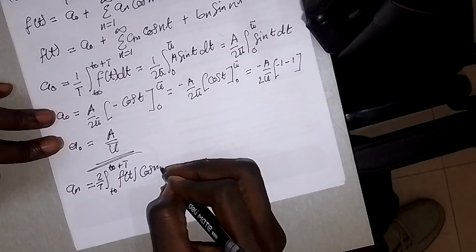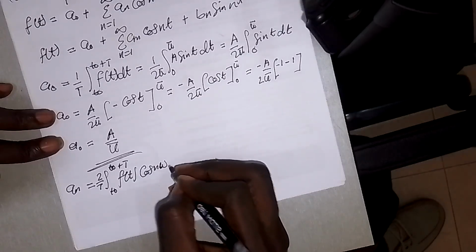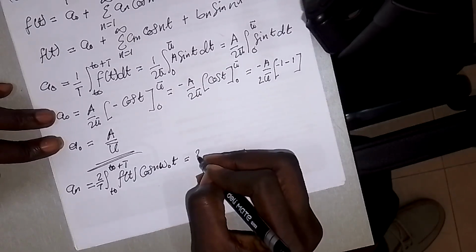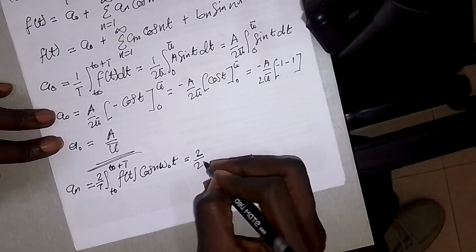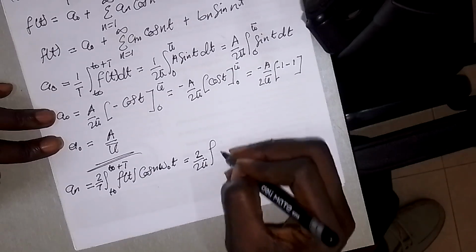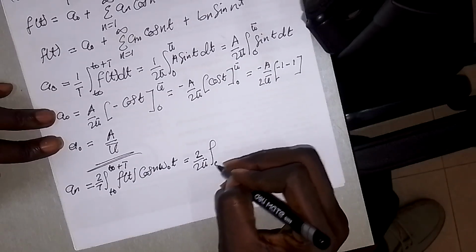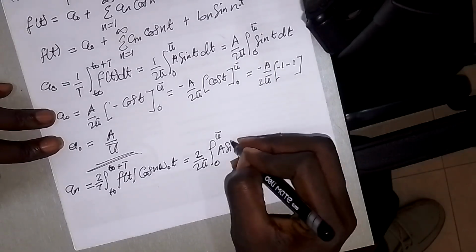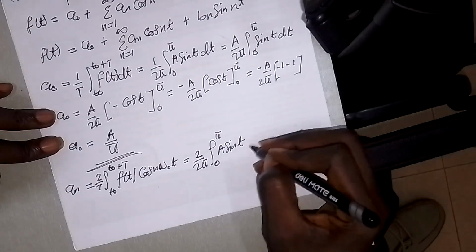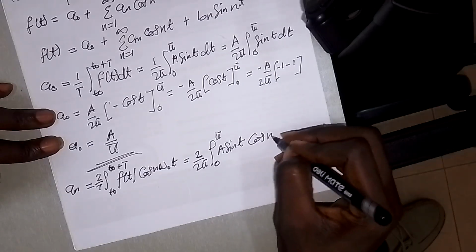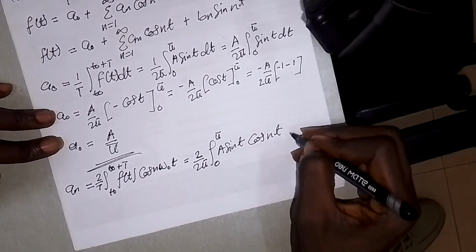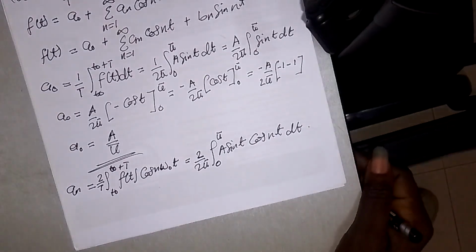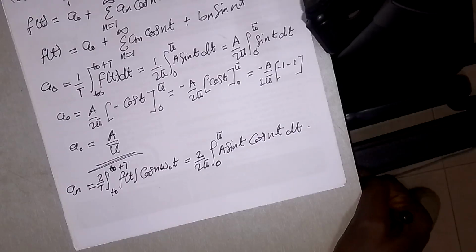So it will be 2 over the period 2 pi, times the integral from 0 to pi of A sine t cos n t dt. So that is what we're going to have there.